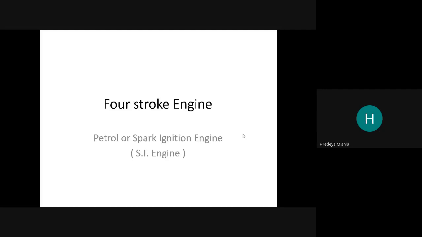So if there is a question, what is the difference between SI engine and IC engine? The SI engine is a part of the IC engine, or we can say the SI engine is the petrol engine.